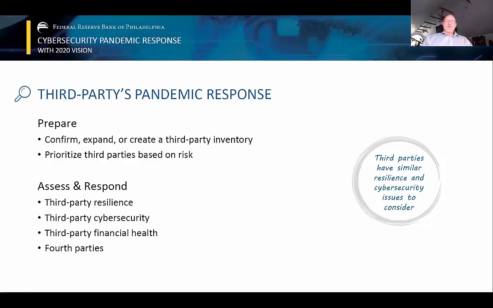So really, there are certain security obligations that they've agreed to in their contract, and this is just about making sure that they're still delivering on those and that their cybersecurity posture remains effective. Financial health: understanding the third party's financial health has never been more important. How is their financial position changing?